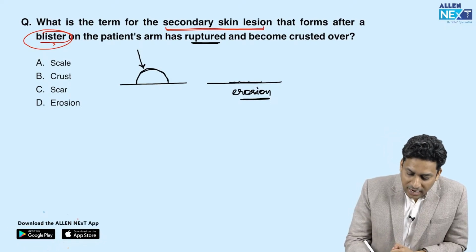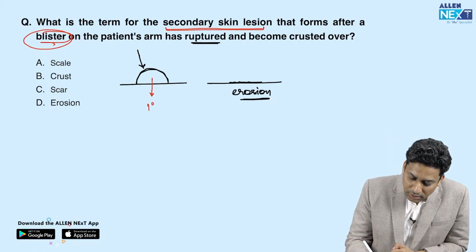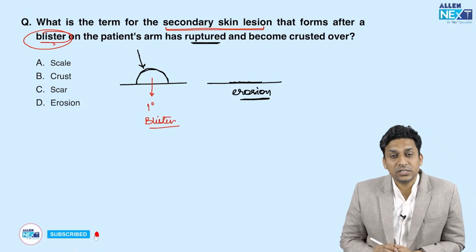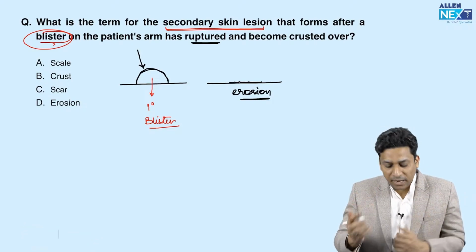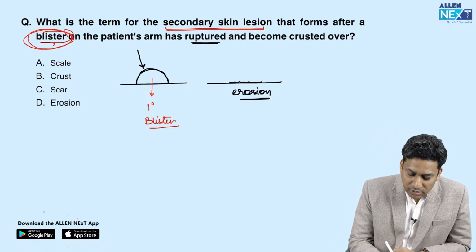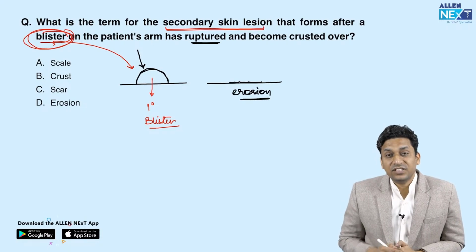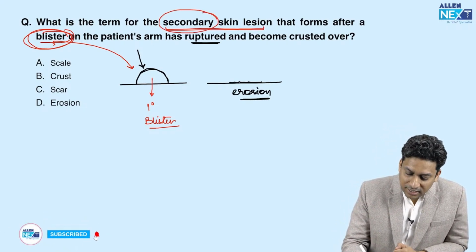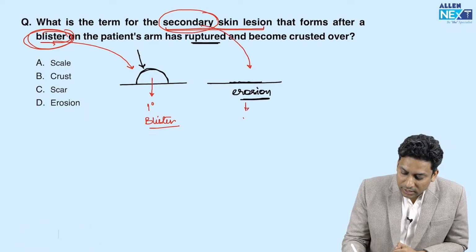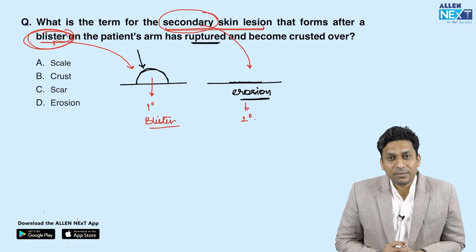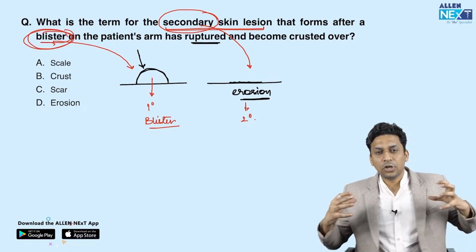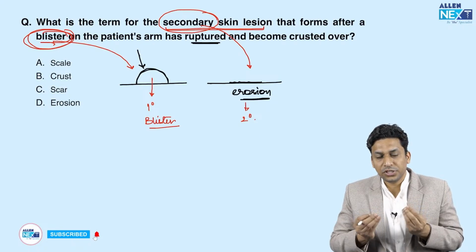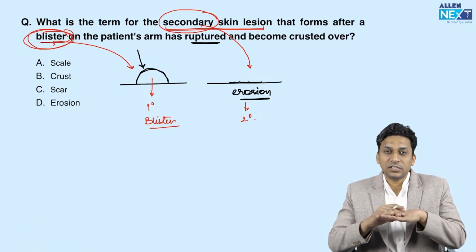So remember that the primary skin lesion is a blister, because in blistering disorders these blisters are formed and the first lesion is the primary lesion. So this blister is the primary lesion, and if this ruptures and forms an erosion, that becomes the secondary lesion. But sometimes there is a lot of fluid, and this fluid continuously keeps coming out from the erosion, so it forms a crust over it.